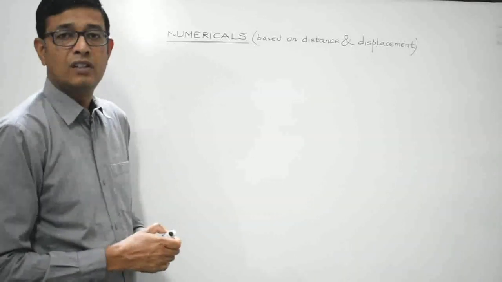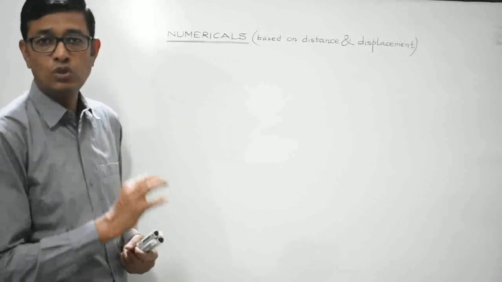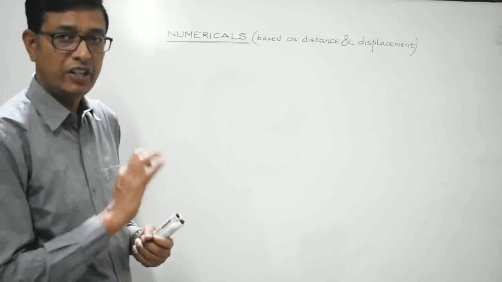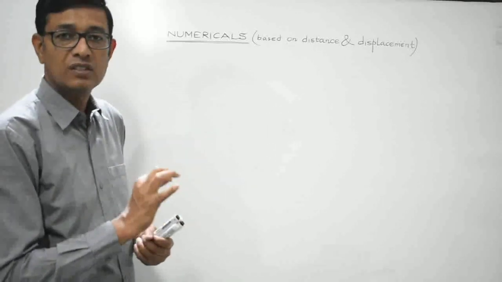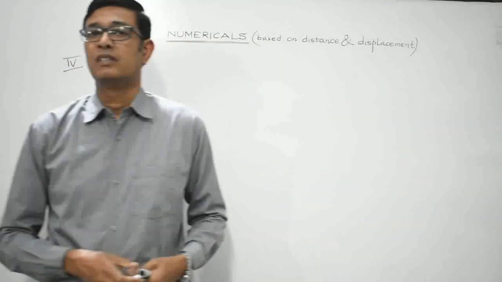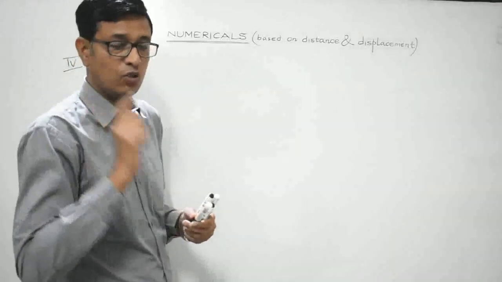Then he again turns and moves 20 root 2 meter towards southwest. So what will be his distance and displacement? Okay, I'll repeat the question.